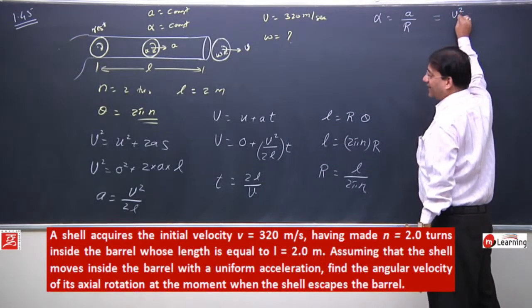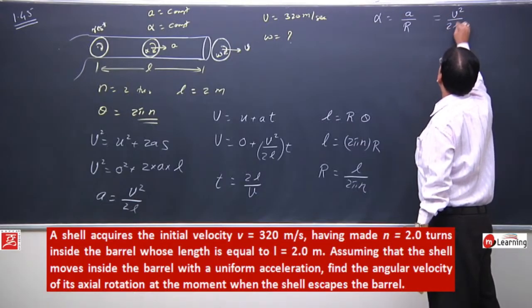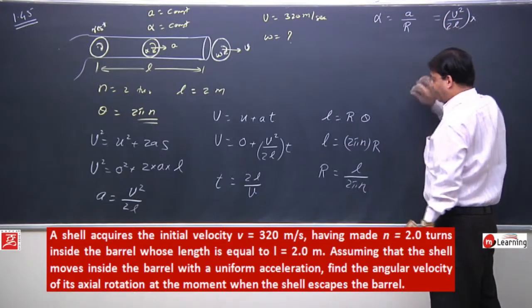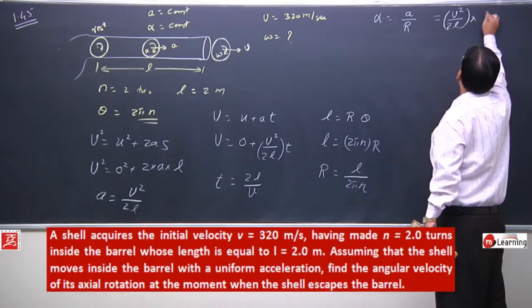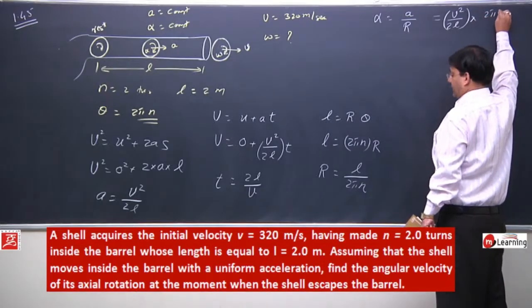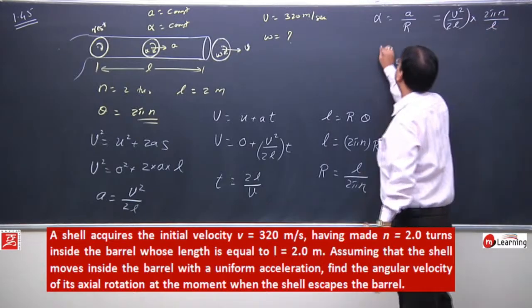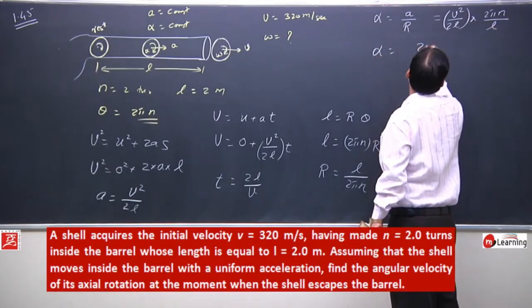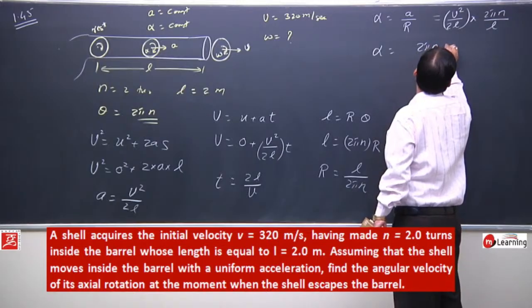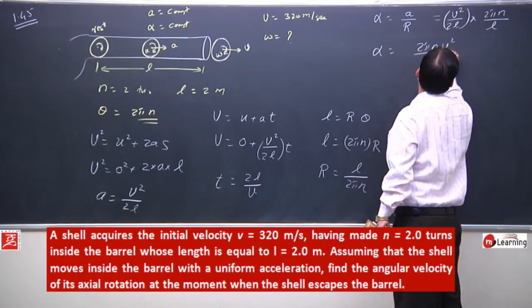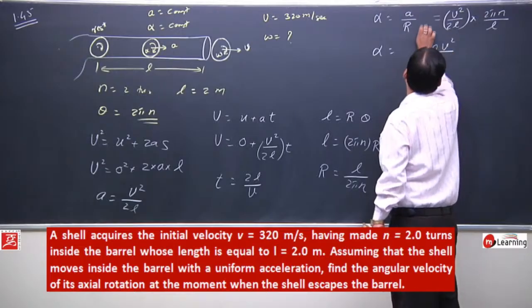So for acceleration I will write v square by 2L, and for r I will write 2 pi N upon L. So this is angular acceleration, 2 pi N v square by L square, or pi N v square by L square.